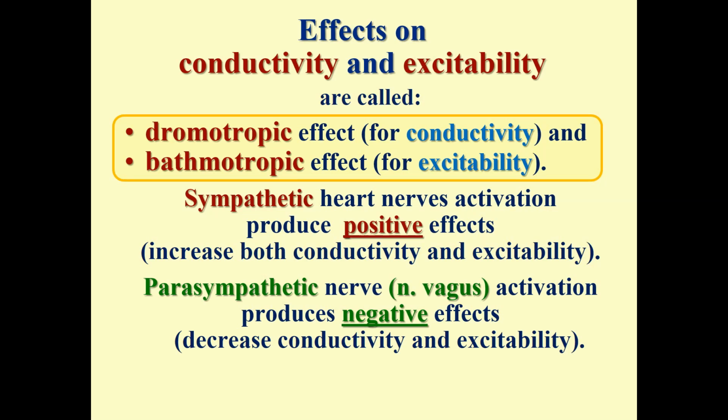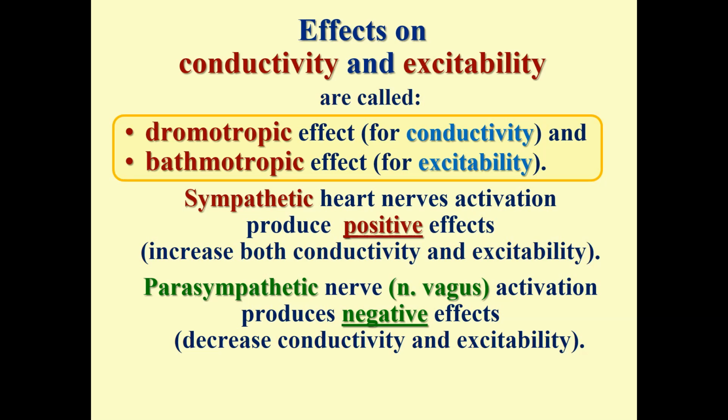There is a decrease of conductivity, decrease of excitability, which finally contributes to lower tension of contraction even for ventricles which are not innervated by vagus. But in the conductive system, conductivity decreases, excitability decreases, and so we have this effect easily of less force of contraction.